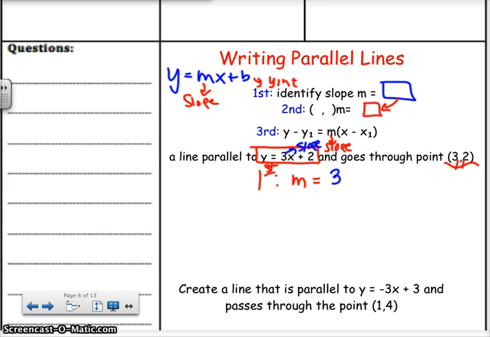So now I know the slope of my line. The second thing I need to do according to my steps is do the point and my slope. Well, the point I go through is 3, 2. I know that because it says it's parallel to this, figure out the slope, and goes through this point. So I go through the point 3, 2, m is equal to 3.